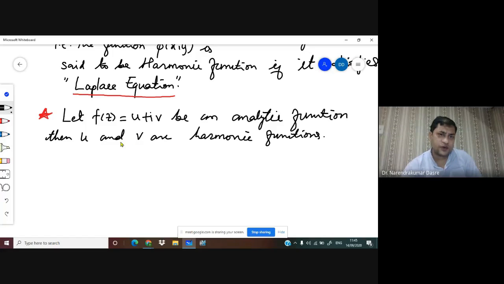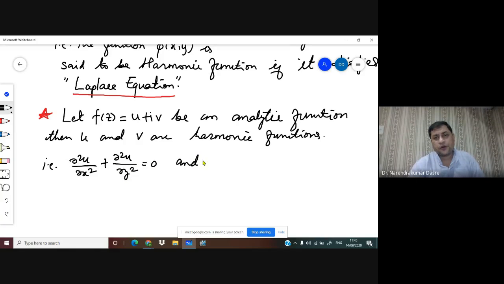That is, del square u by del x square plus del square u by del y square is equal to 0, and del square v by del x square plus del square v by del y square is equal to 0.